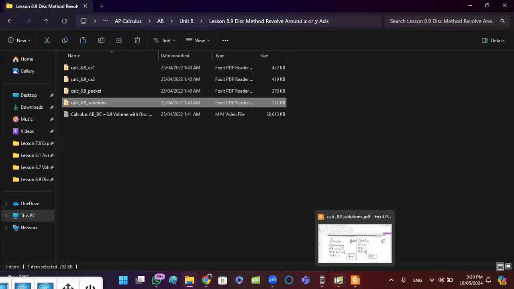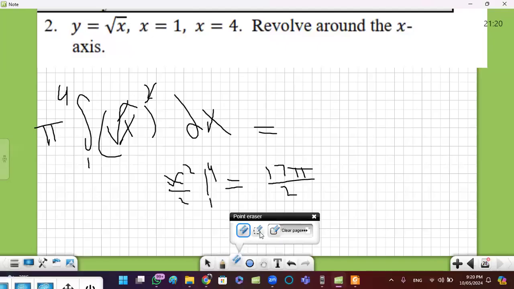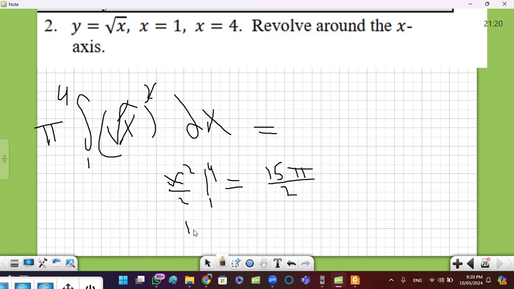I thought I made a mistake. 15, sorry. Because this is 4 power 2, 16 over 2, minus 1 power 2, 1 over 2. It will be 15 over 2 pi. From where is the pi? From outside this. This is the pi.